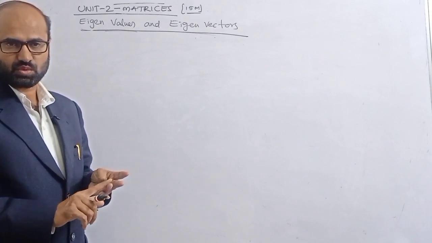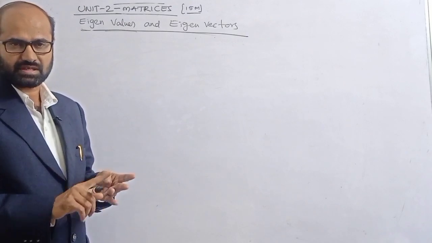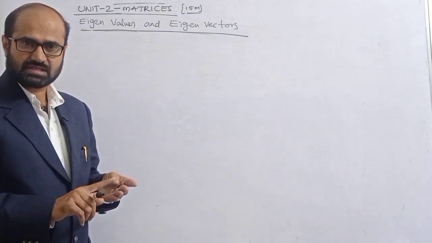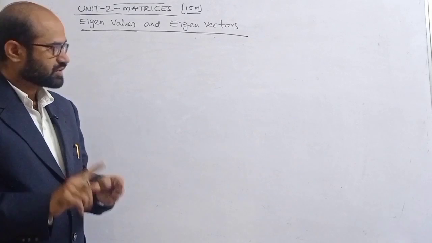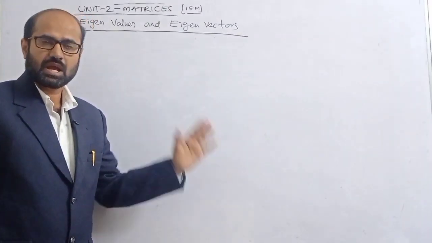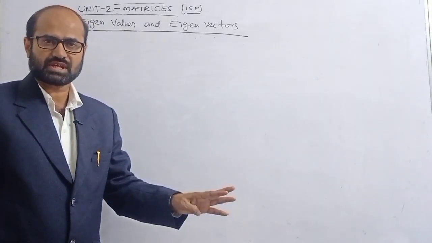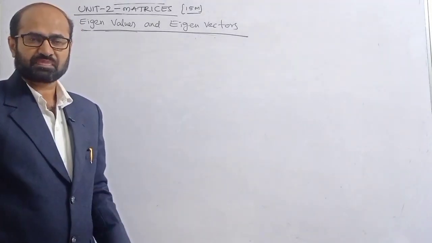In lecture 1, lecture 2, lecture 3, I discussed the definitions of Hermitian matrix, skew-Hermitian matrix, and eigenmatrix, characteristic equation, eigenvalue, and eigenvectors. So before watching this lecture, please watch the previous lectures 1, 2, 3. Then you can understand this lecture very clearly, right?